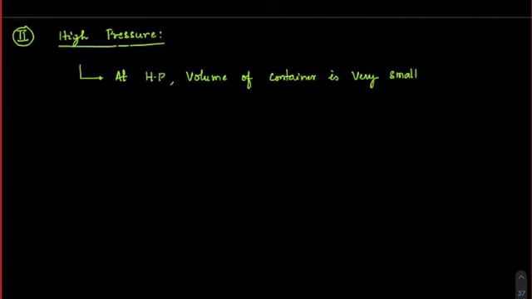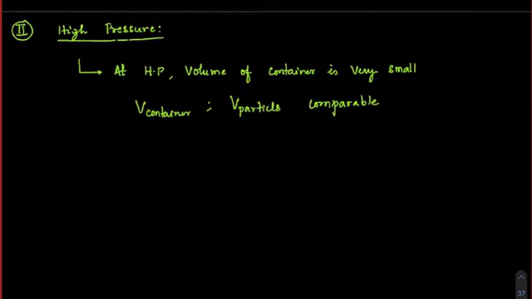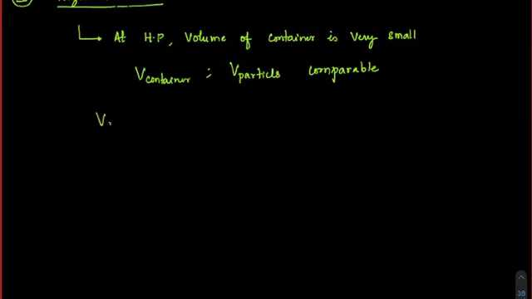So when the volume of container is very small, then the volume of container and the volume of particles are comparable. If these two are comparable, I cannot ignore this V minus nb, because both of these values are comparable. So here nb cannot be ignored.